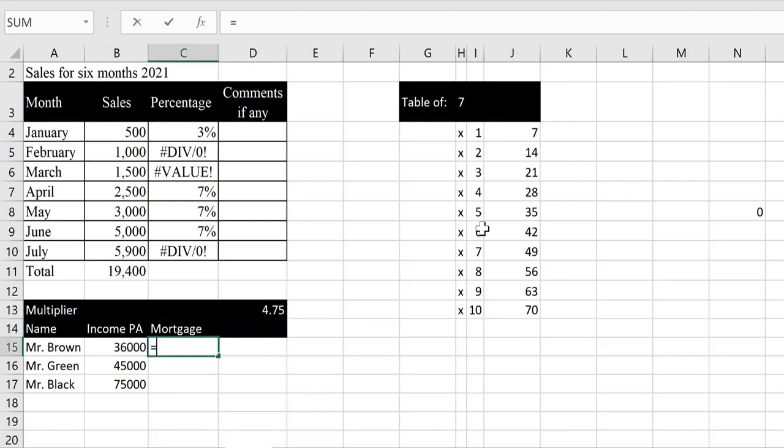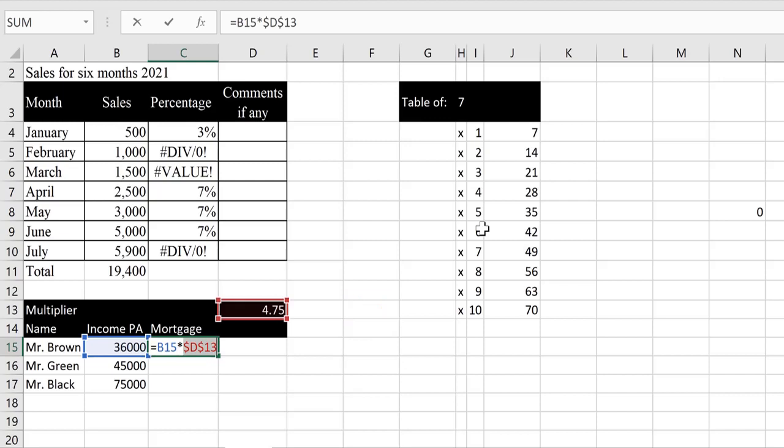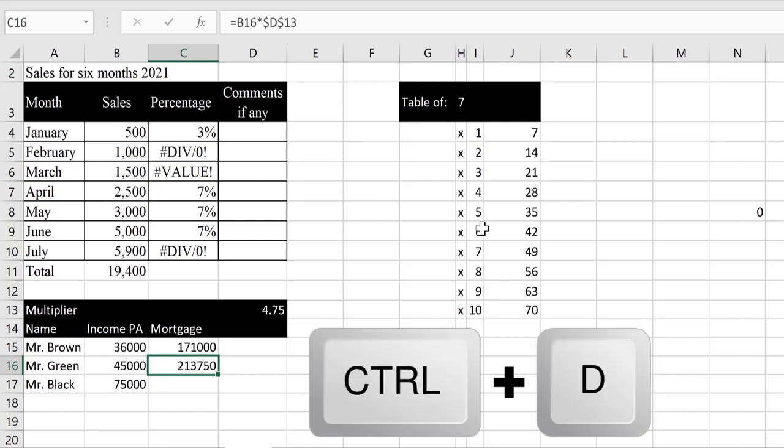So by pressing the equal sign for the formula, B15 times D13 is equal to the expected mortgage value of Mr. Brown, and if we make D13 absolute by pressing the F4 key on D13, dollar signs can be placed, and now we can copy it by pressing Control D.